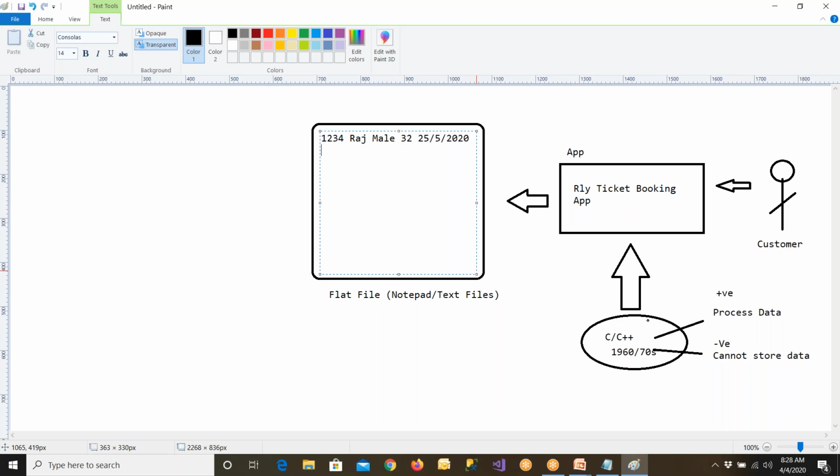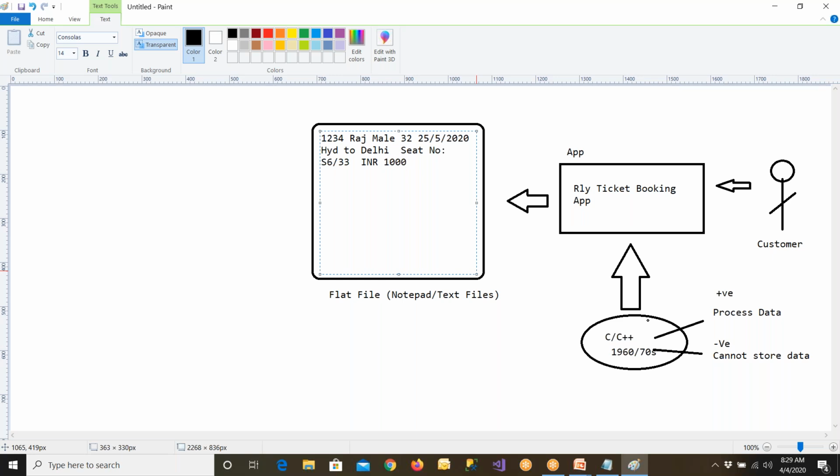He wants to go from Hyderabad city to Delhi, and he got a seat number, let us say S8. S8 is the coach number, and slash 33 is the seat number. He paid, let us say, 1,000 Indian rupees.